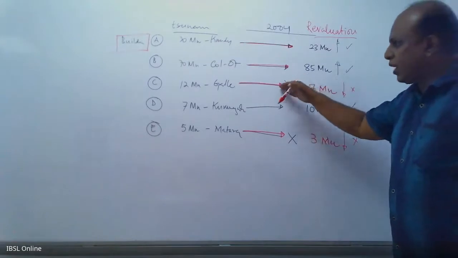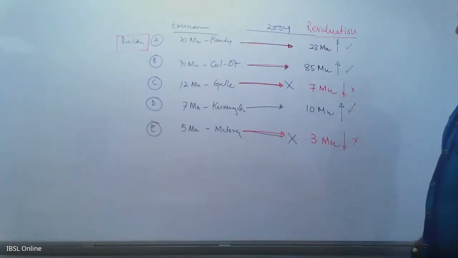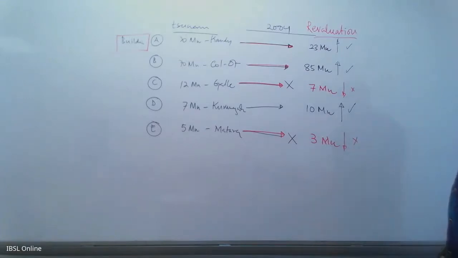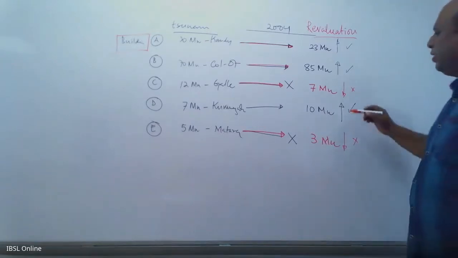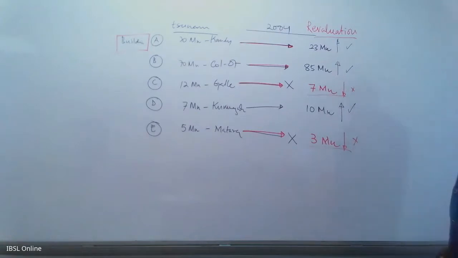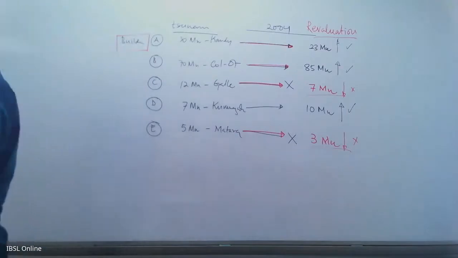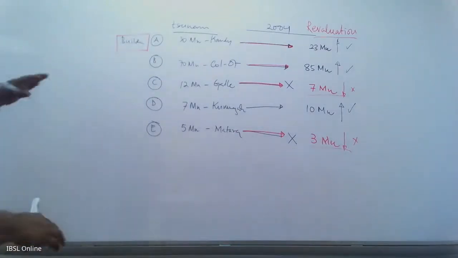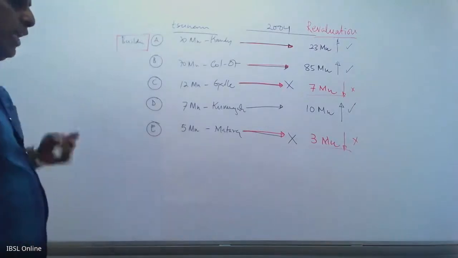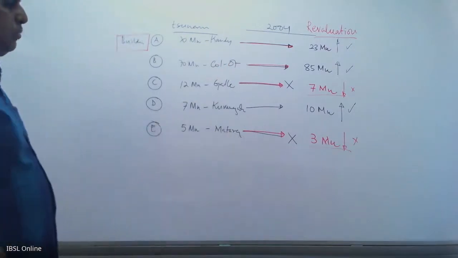Even your buildings would have been affected. As a result, the value has come down and has to be brought down. So you can't just ignore the revaluation of these two and take only these three. That is not permitted by the standard. LKAS 16 does not permit you to do that. If you are doing a revaluation, you have to take all. If not, you don't do it in that particular year; you can do it in a subsequent year.